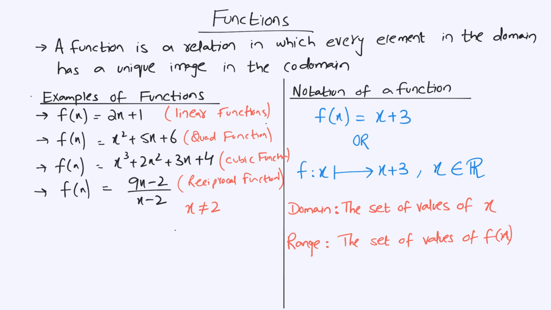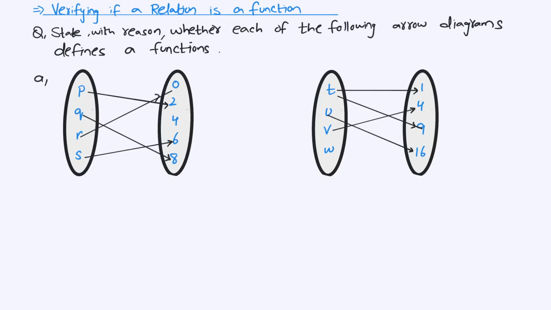Now the function f of x is also called mapping, which means that if you place 1 in place of x, the image you would get is 4. So you can say that the value of x as 1 is mapped onto 4. So f of x is also another term for mapping.